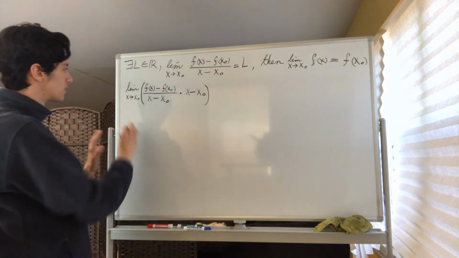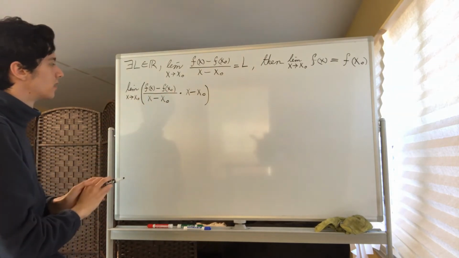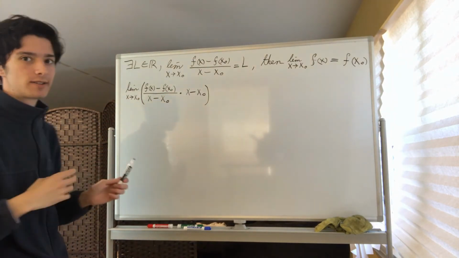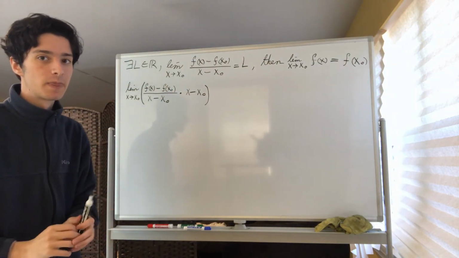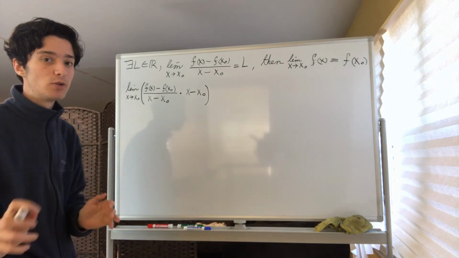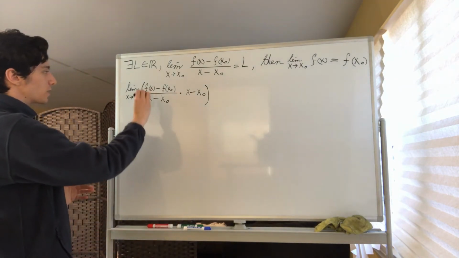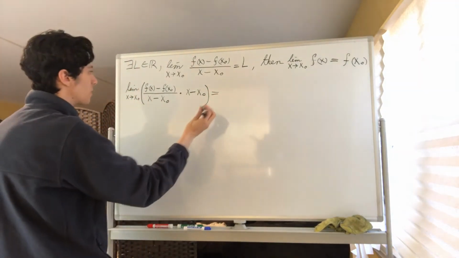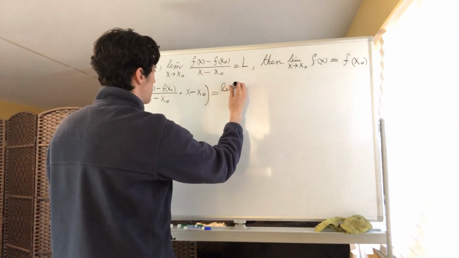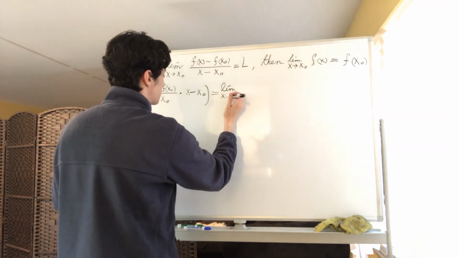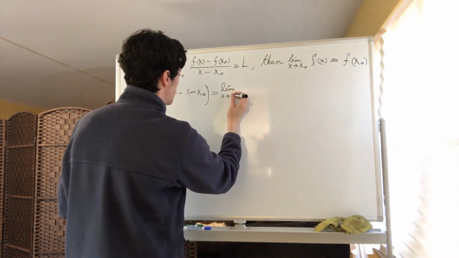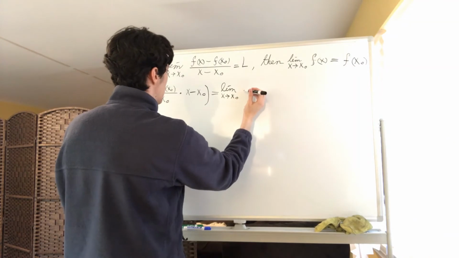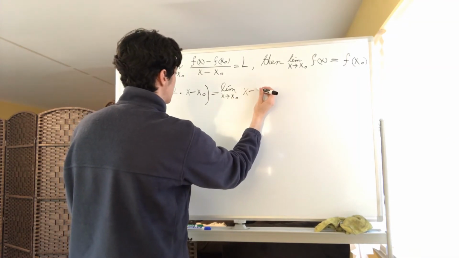So we're looking at this whole product. And so of course, by the product law, right, this limit is equal to the limit of this first term times the limit of the second term. So I'll write the limit as x approaches x naught of, well, x minus x naught.